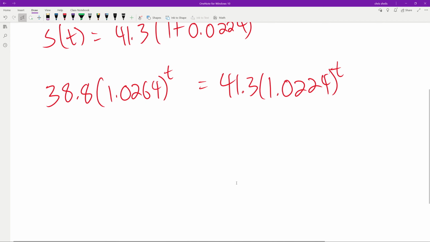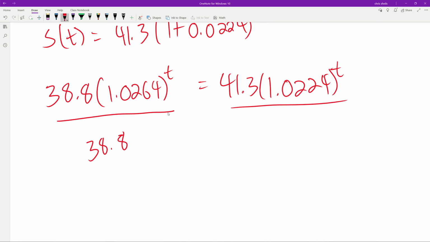Probably the best way to solve this is to go ahead and get all of the numbers on one side and get all of the exponential stuff on the other side. It doesn't matter the order in which you do this or what side you divide by what. I'm going to divide both sides by 38.8 first.